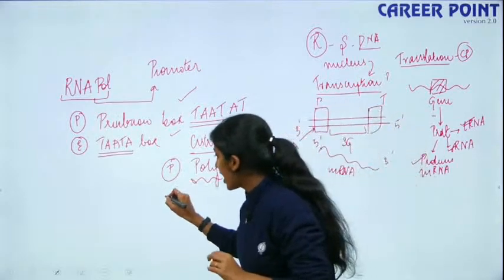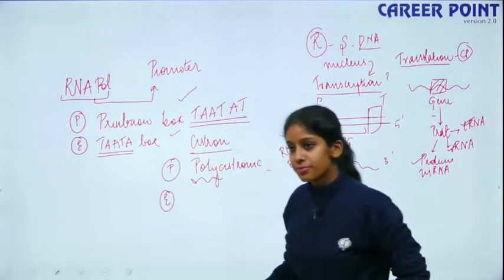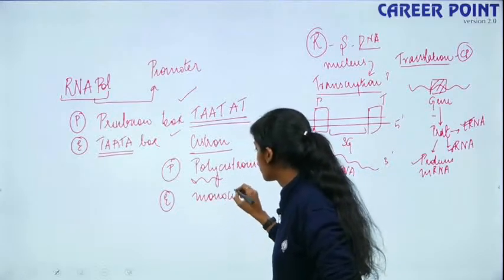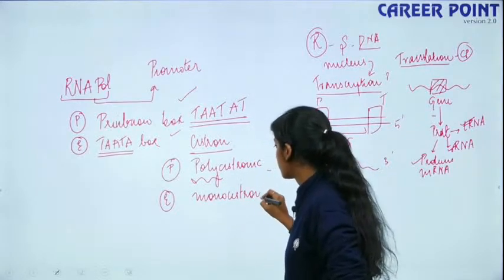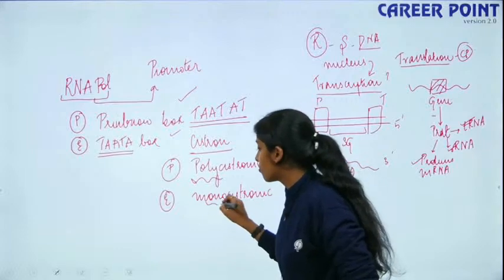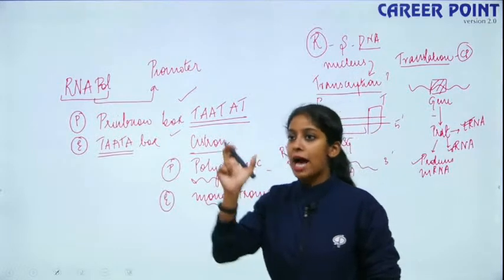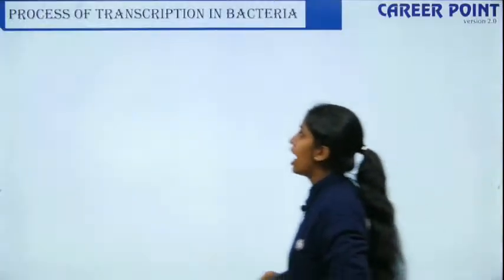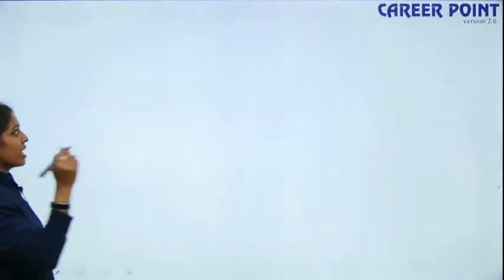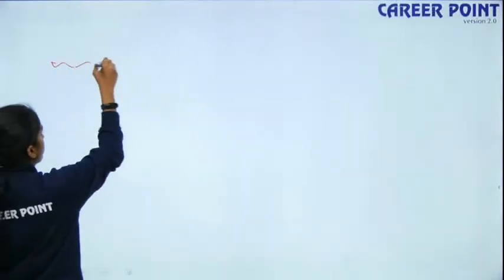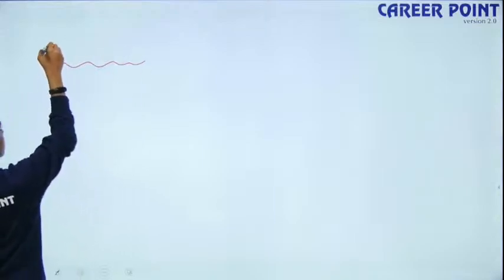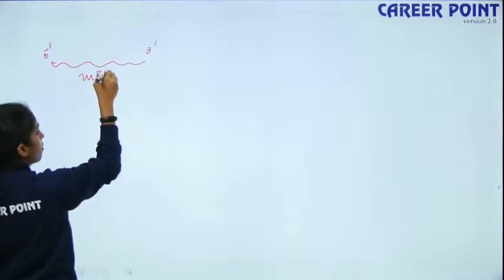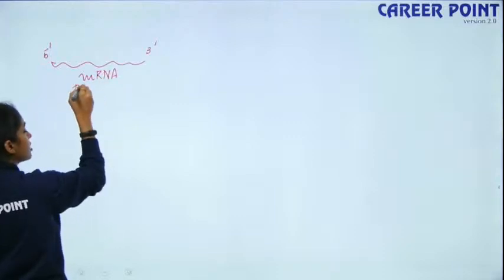In eukaryotes, it is monocistronic, meaning you have one cistron and then a gap and then another cistron. So, here we go, how it happens. In the case of prokaryotes, this is my mRNA. My mRNA is polycistronic.